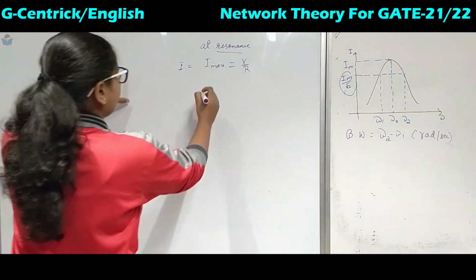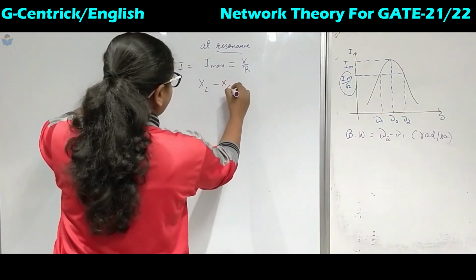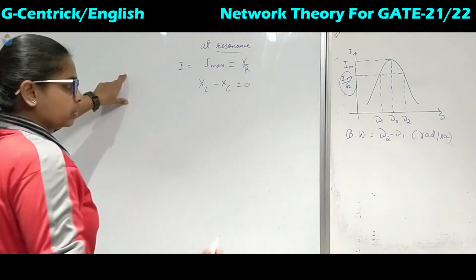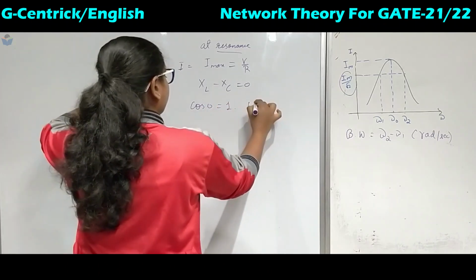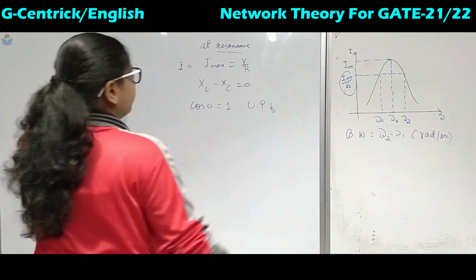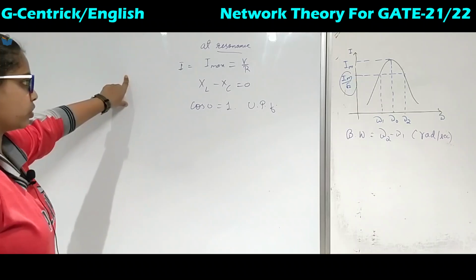What it means is that XL minus XC will be equal to 0, so cos 0 is 1. So it will have unity power factor. That is the definition of this one.